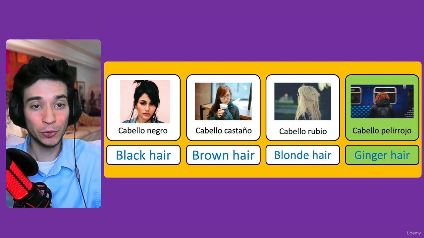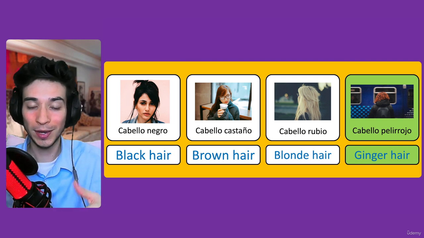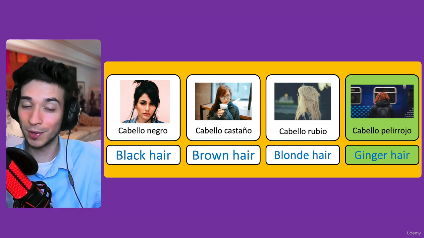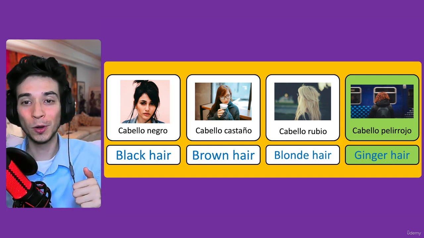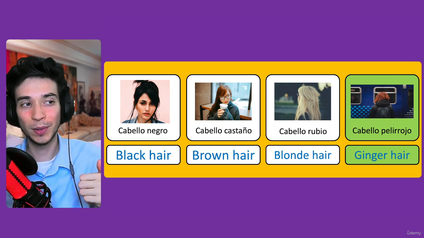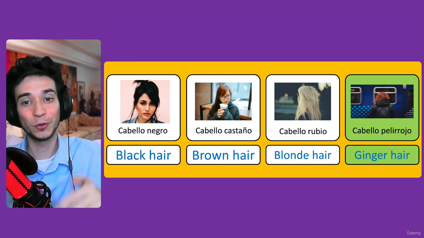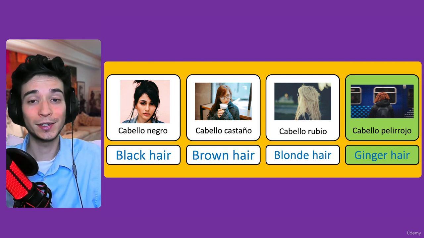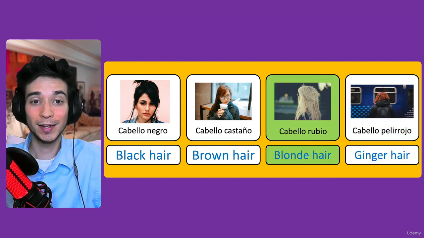Peli comes from pelo. So yeah, it becomes one word. Pelirrojo. Pelo rojo. And we actually add cabello to cabello pelirrojo. Or pelo pelirrojo. Tiene el pelo pelirrojo. Pelirrojo means ginger. Ginger hair. Okay, so one more time.